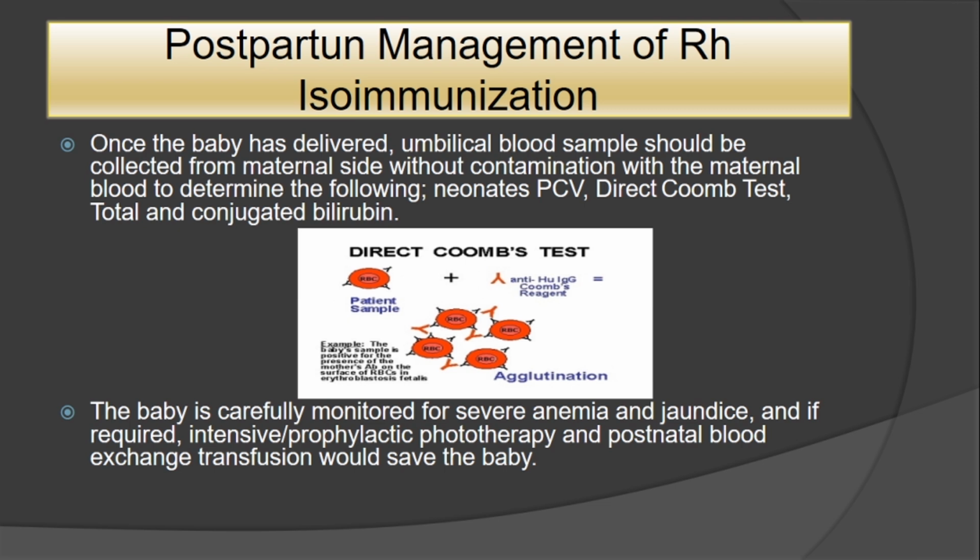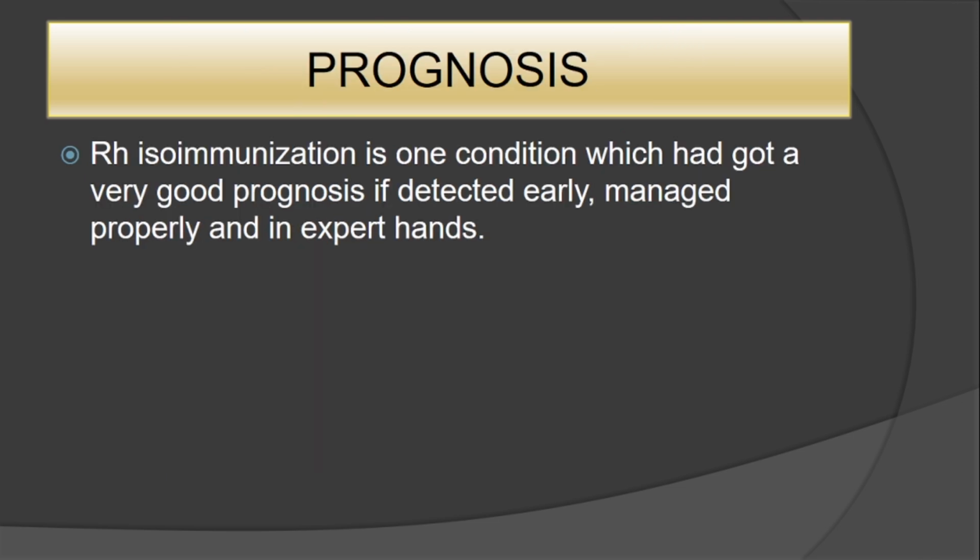And we have to monitor the fetus serially to be careful that the fetus does not develop severe anemia and jaundice. And if required, intensive prophylactic phototherapy and postnatal exchange blood transfusion may be necessary to save the life of the baby.